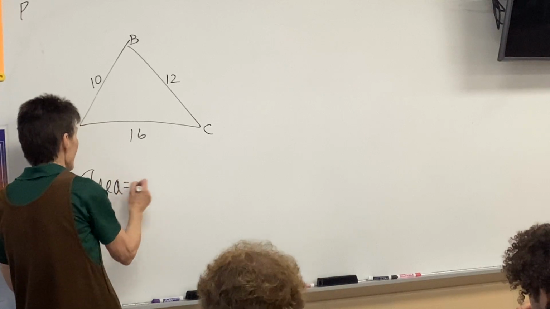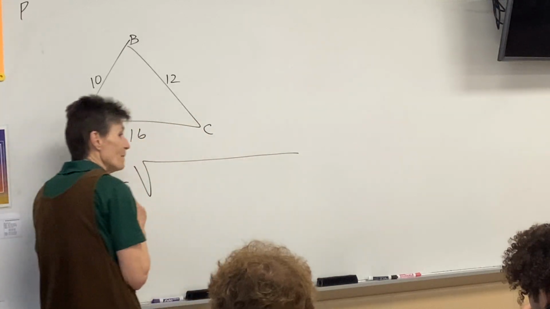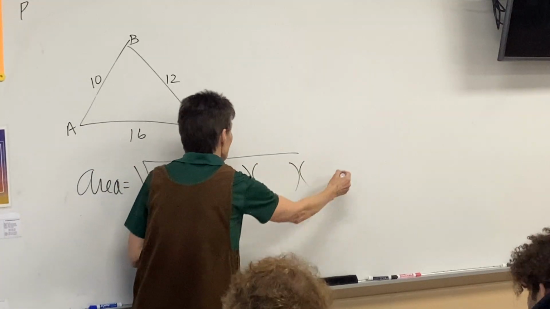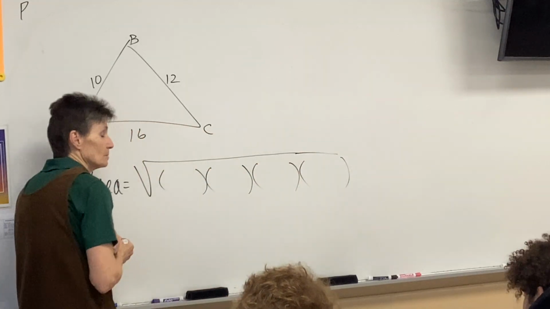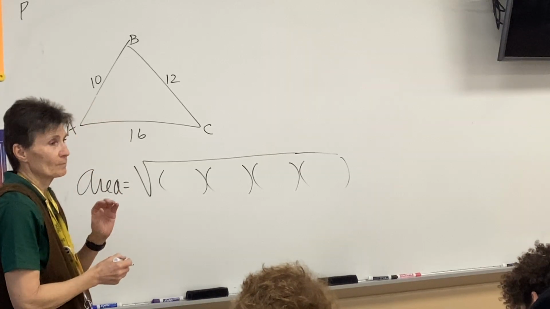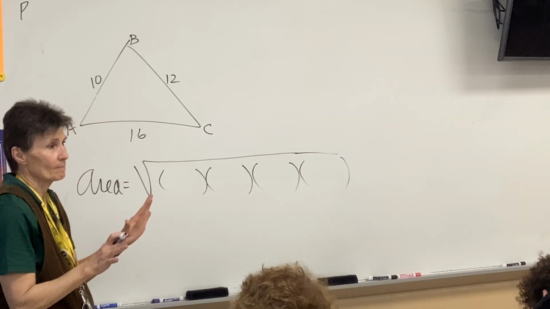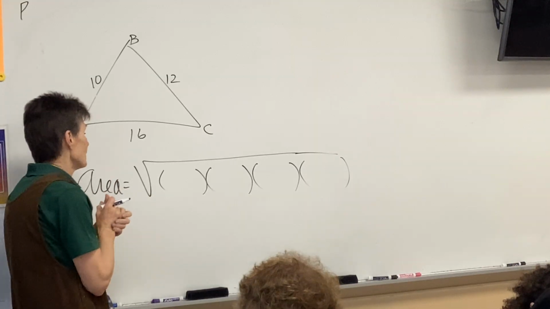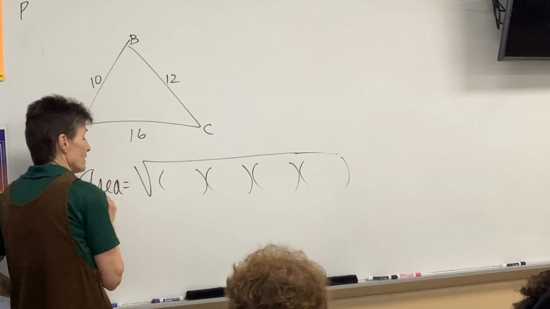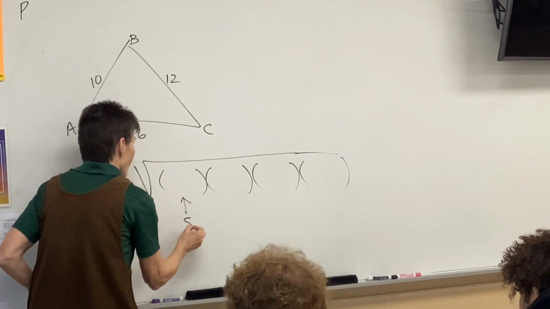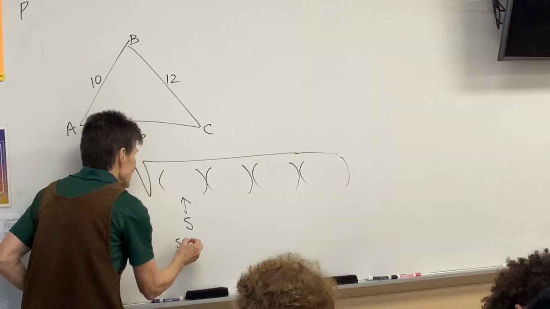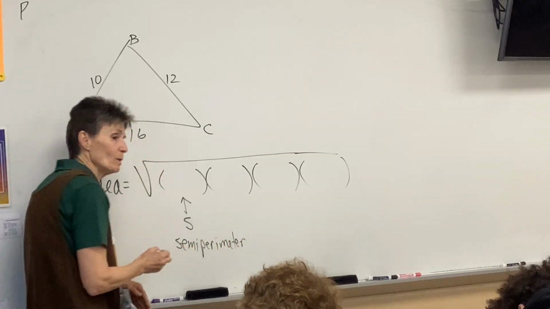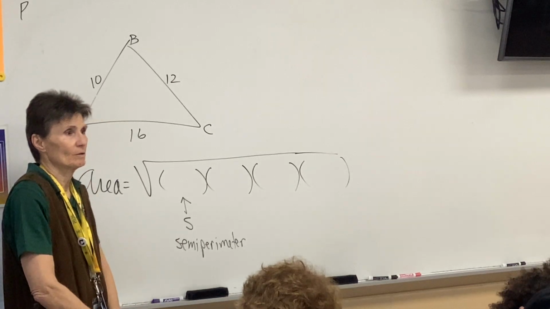The area of this triangle is a big radical. There are 4 things under the radical. This is so easy. If you know all 3 sides, first you figure out what we call S, or the semi-perimeter.